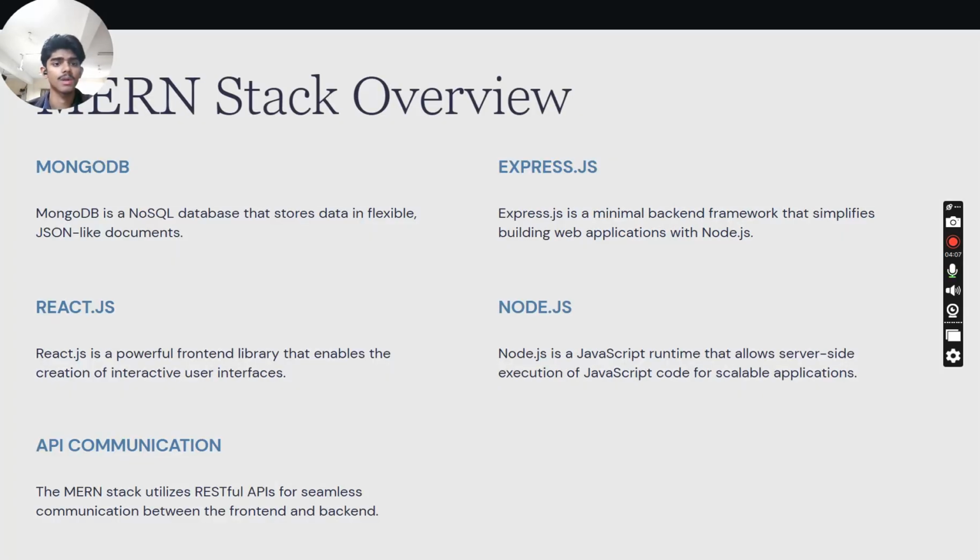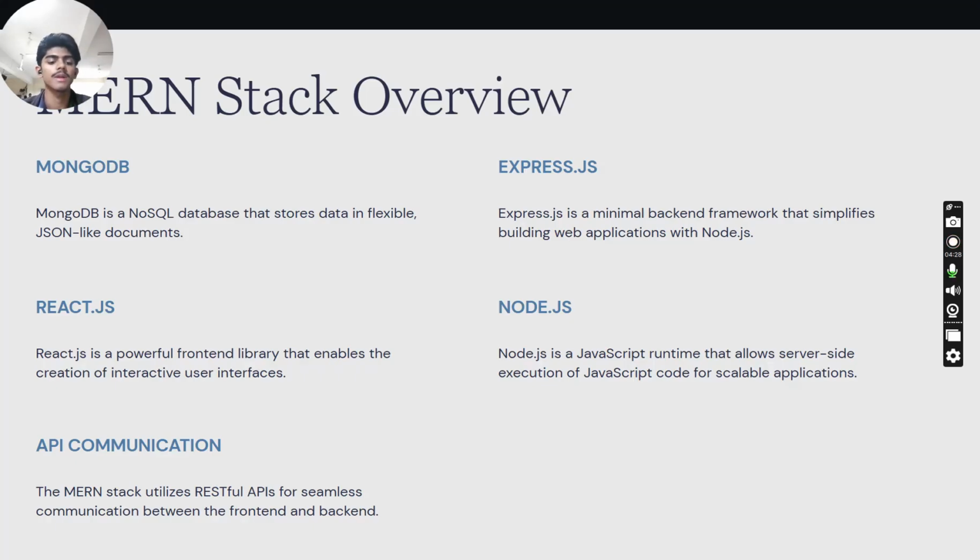Next is, what all components were there? What all did we download? MongoDB. It's a NoSQL database that stores data in flexible JSON-like documents. And React.js. React.js is a powerful front-end library that enables the creation of interactive user interfaces and API communication.